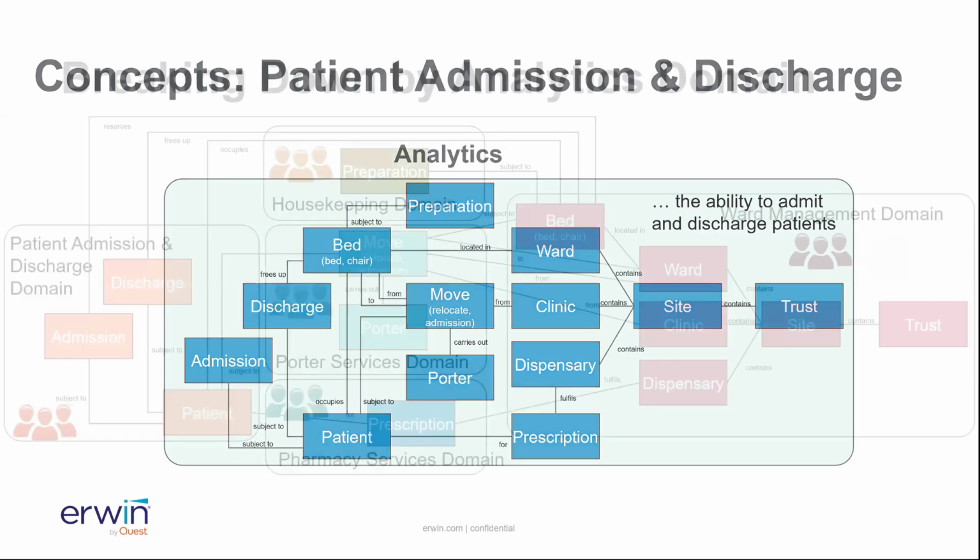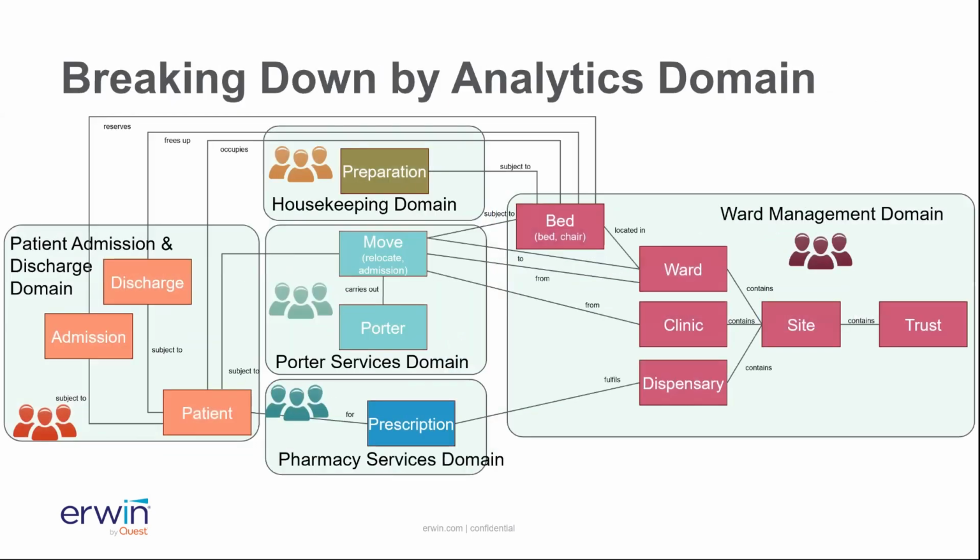If you drill down in here, you find that actually that data belongs to a number of different domains. So you can see here, porter service is right in the middle. You could imagine that there is a team responsible for efficient portering. There's a team responsible for efficient housekeeping, a team responsible for ward management, and so on, all focused on their own data sets.